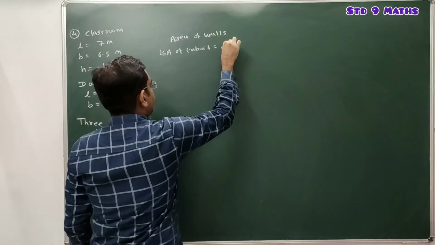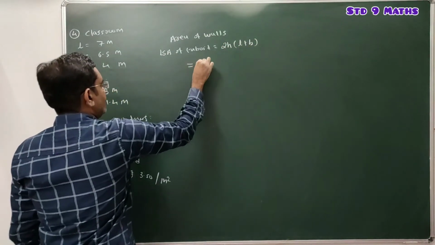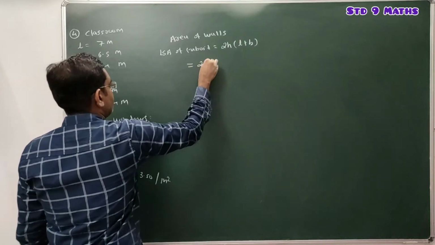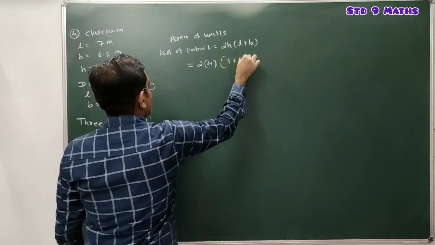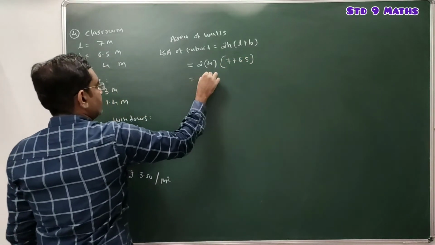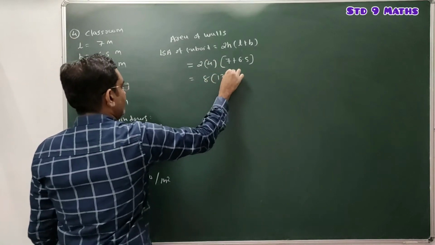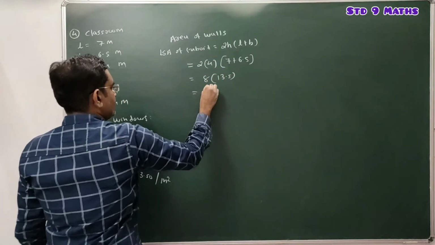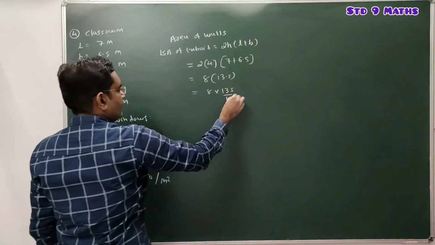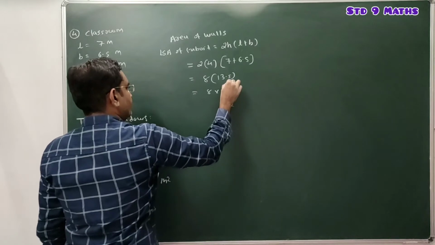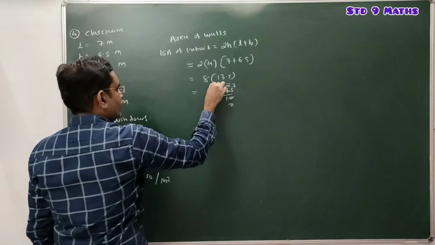So lateral surface area is twice of h, L plus B. So this is equal to twice of h. Height of classroom is 4, L plus B is 7 plus 6.5. This is equal to 2 4s are 8, and this one is 13.5. So it's 8 into 135 by 10. 5 2s are 10, 5 7s are 35, and 2 4s are 8.